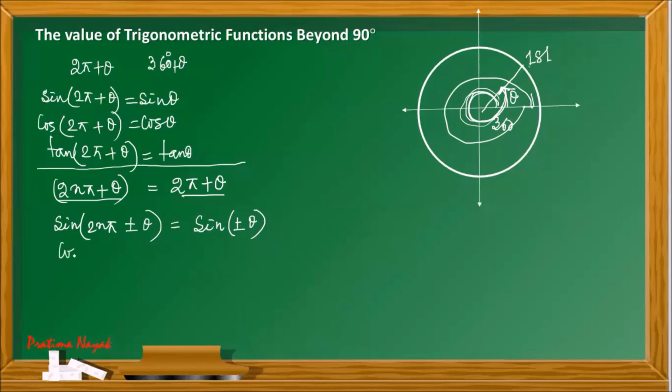Similarly, I'll write cos 2n pi plus theta is equal to cos theta. Tan 2n pi plus theta is equal to tan theta. So with this knowledge, let us go for the exercise questions.